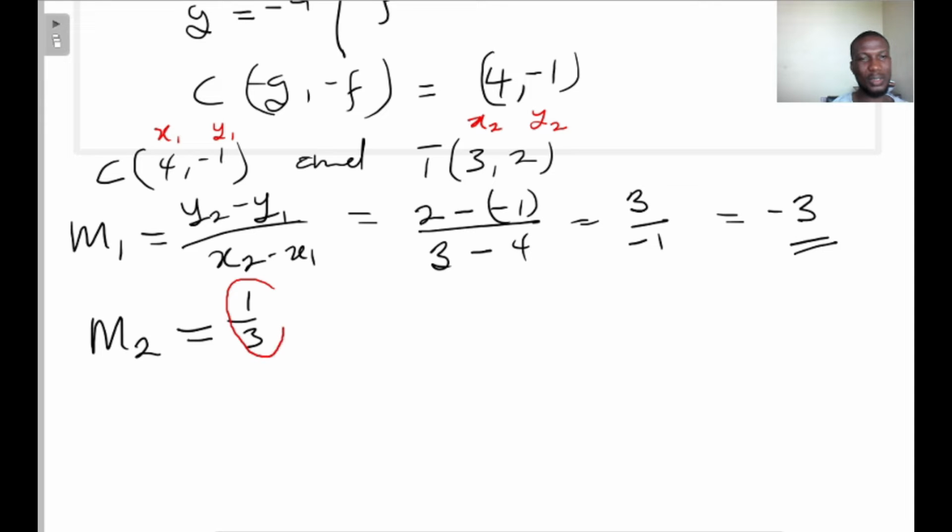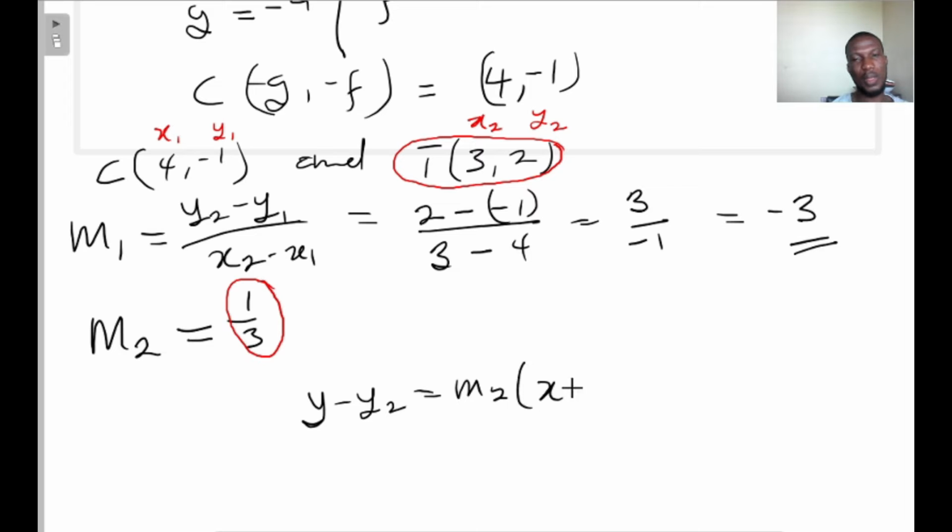substituting this one, which is the M2, and then this one, which is the point on the circumference where the tangent passes through, into the formula y minus y2 equals M2 times x minus x2.